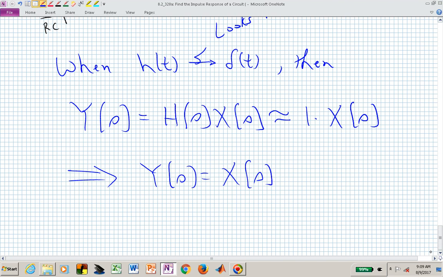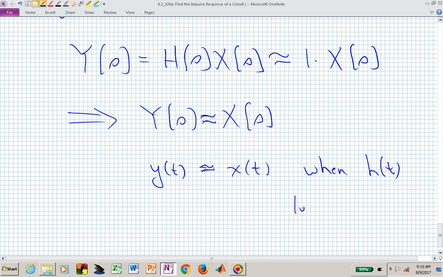That's the more our impulse response looks like the ideal impulse function. So y of t looks like x of t when h of t looks like delta of t. And remember, h of t is our impulse response of our system.